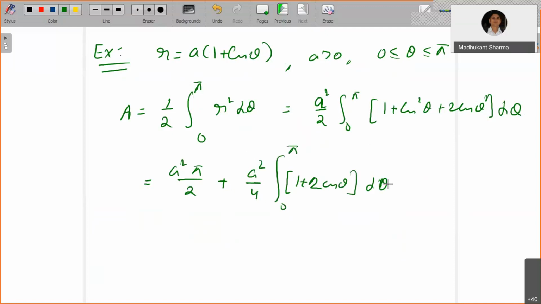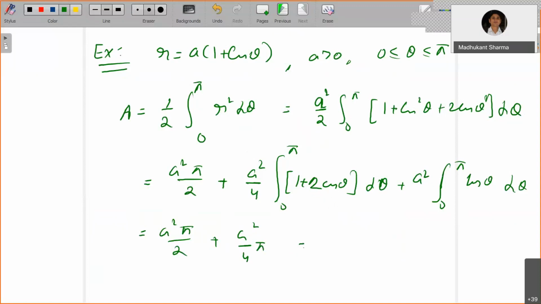The integral of 2 cos theta is 2 sin theta, and sin pi and sin 0 are both 0, so this term will not contribute anything, and the other such term will also not contribute anything. What you remain with is 2 plus 1, so 3 by 4 a square pi. That will be the area under this curve.